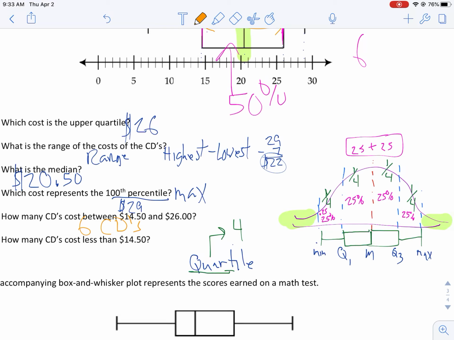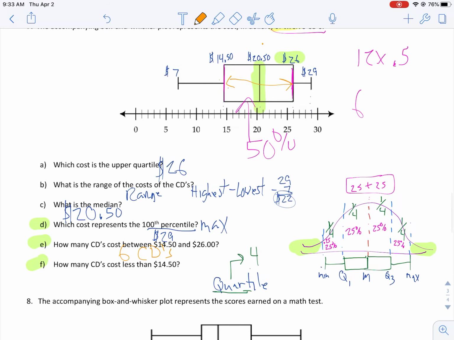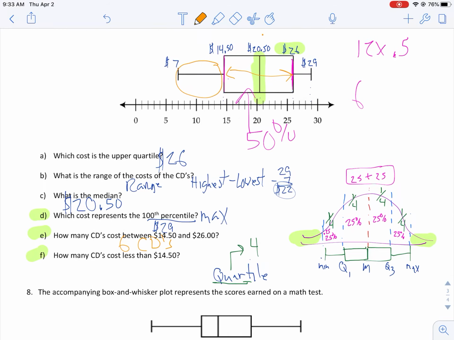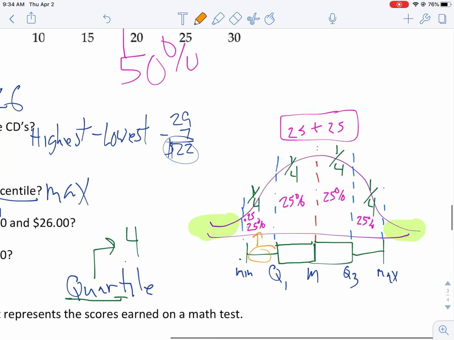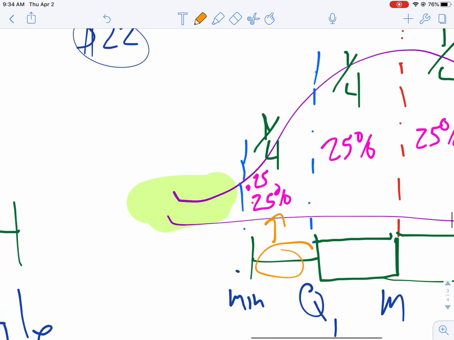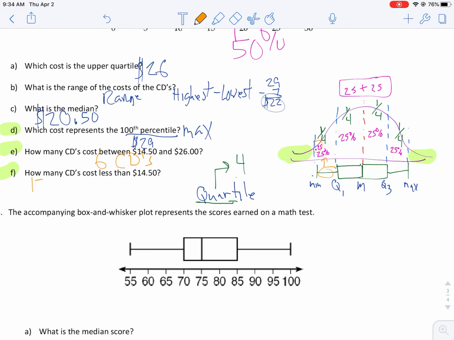So now they're going to ask you how many CDs cost less than $14.50. They're looking for this tail down here. How many is it? 25%. I look at the decimal equivalent, which is 0.25. So if I go 12 times 0.25, that's really the same thing as dividing it by 4.